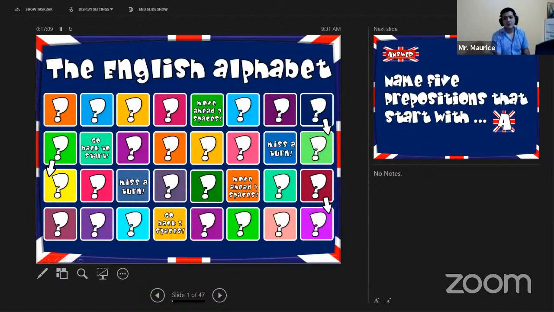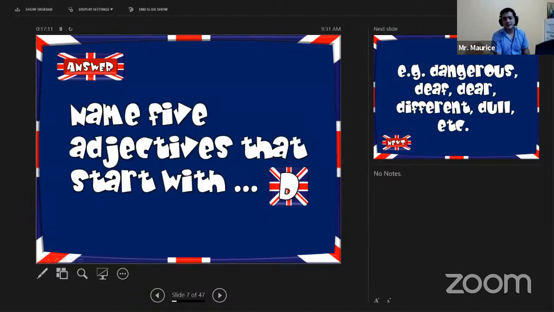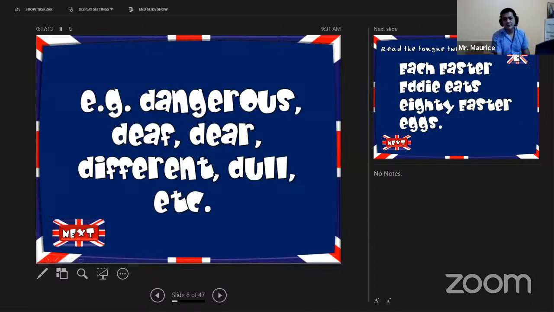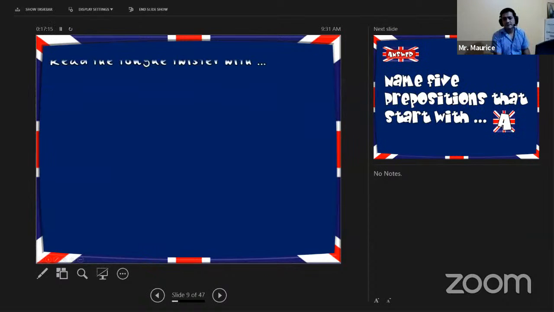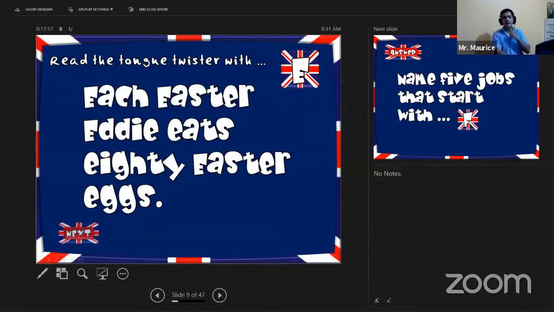Okay, this is the letter F. Who can help me with this tongue twister? A tongue twister is some words that are confusing or difficult to pronounce when we put them together.